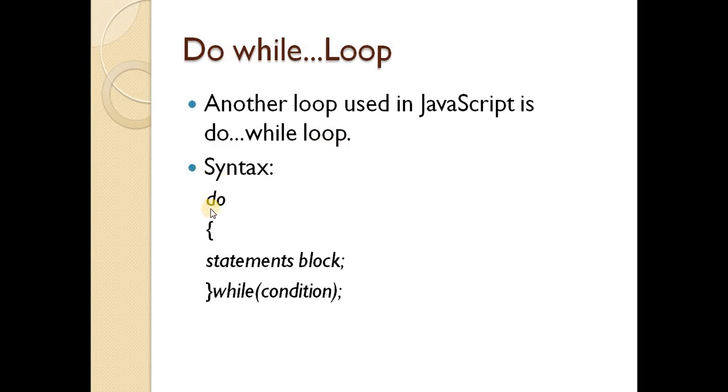The syntax is do, curly bracket start, statement blocks, curly bracket end, while, condition, and the semicolon over here. It is mandatory when we are writing do while. At that time you have to write the semicolon over here. In do while also, initializing happens before starting the loop. So this is your syntax for the do while loop.